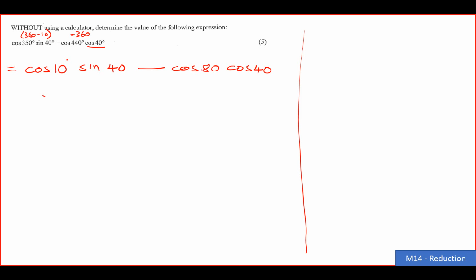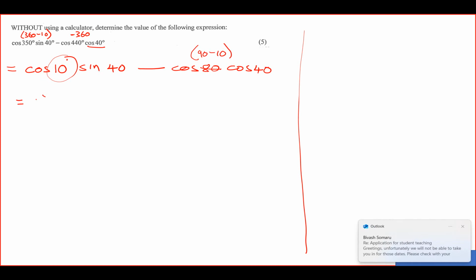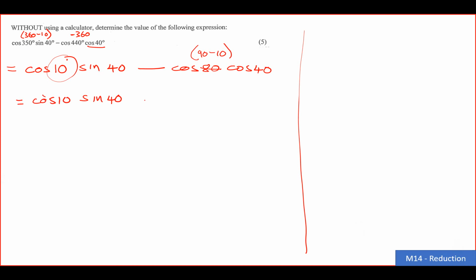So using co-ratios, the first angle is 10, we can change the 80 as 90 minus 10. So that now gives me cos 10 sine 40 minus cos of 90 minus 10, that's a co-ratio, so it becomes sine 10, and that's cos 40. So you'll notice your angles are now matching.